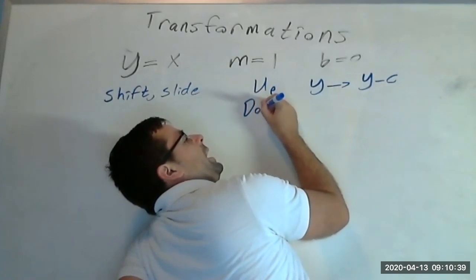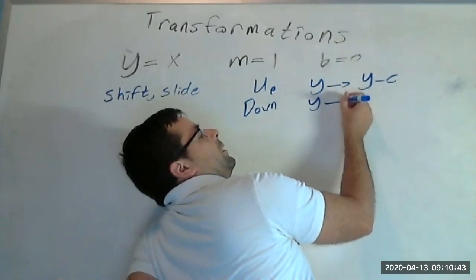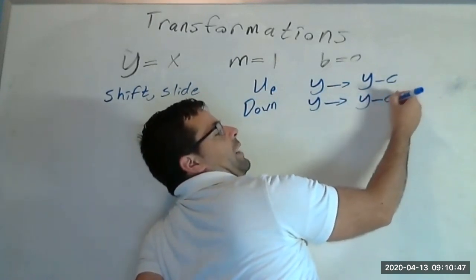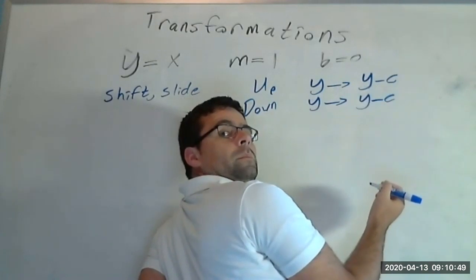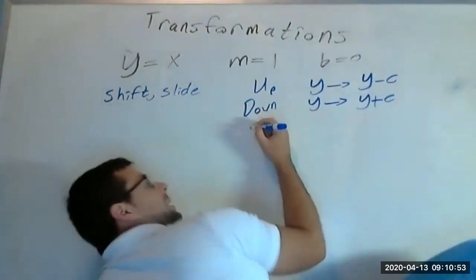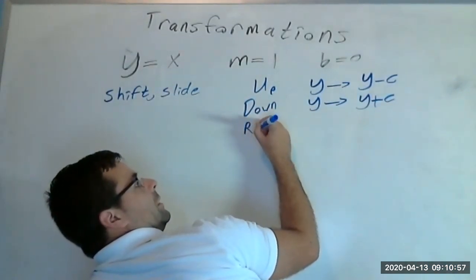If we want to move the line down, we add, or shift the graph paper up. And same thing with the x values.